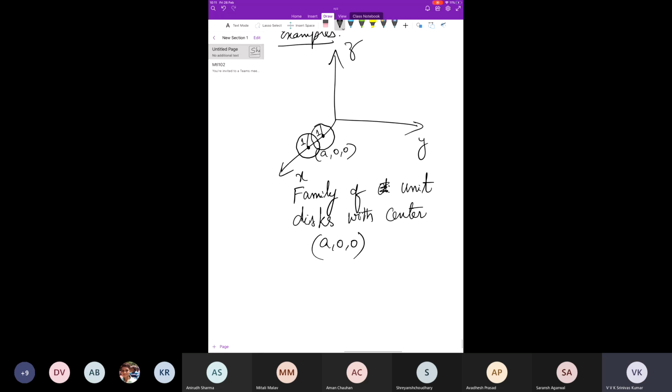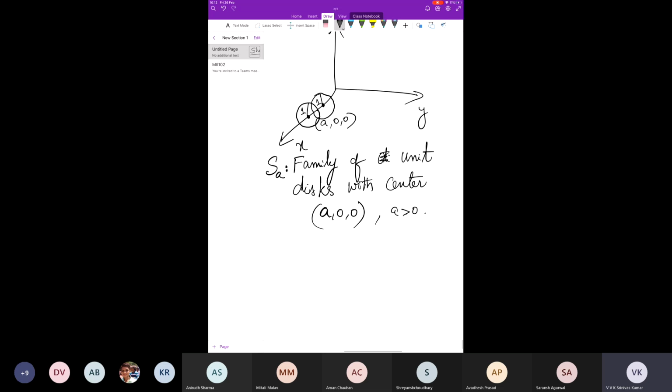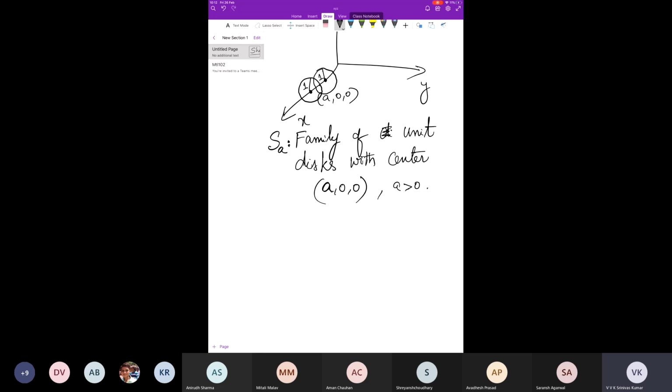Let us denote this family by A, because the only parameter that is changing is a. As you change a, you get the family, with a belonging to the positive side of the x-axis for a positive. So now this is a one parameter family.